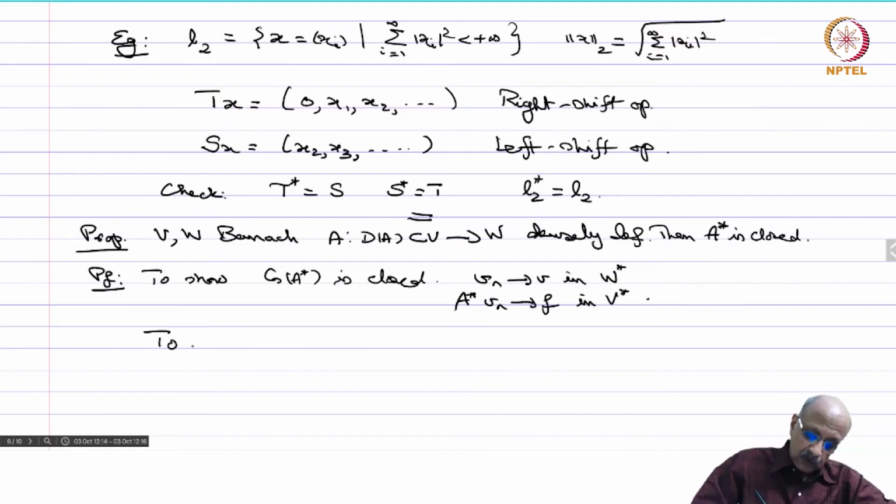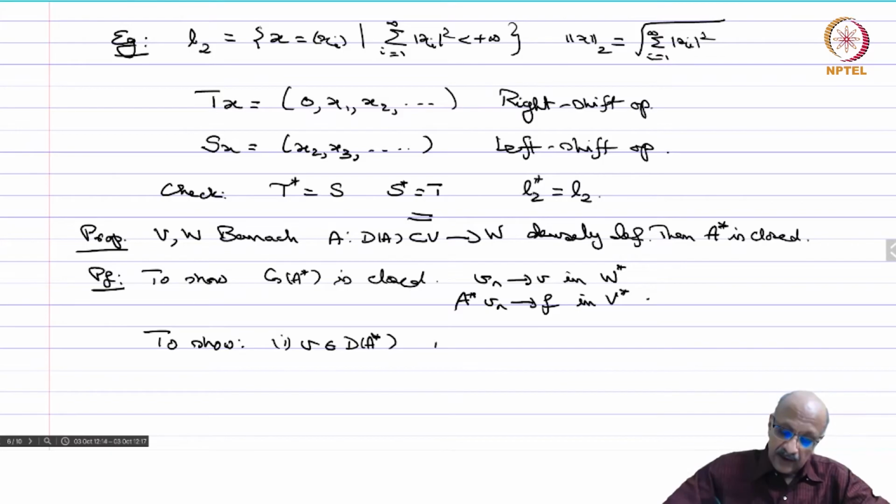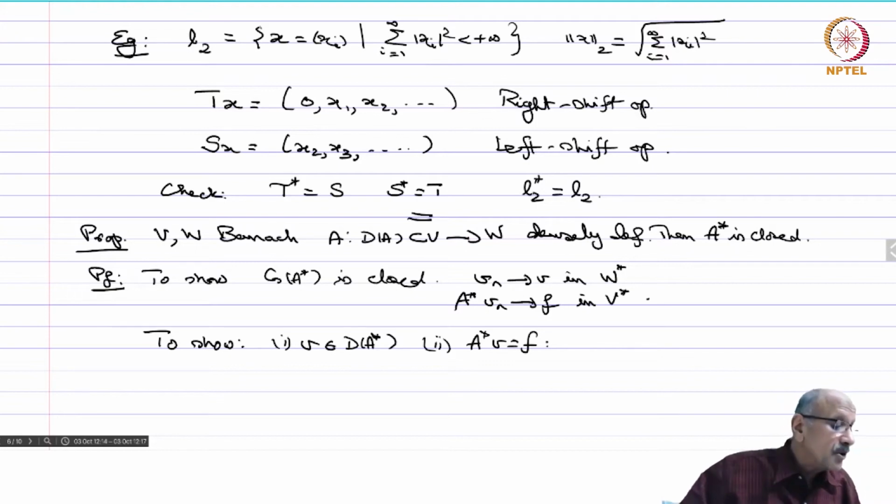And what must we show? We have to show two things now, because we are dealing with unbounded operators which may not be defined everywhere but only on a certain domain. So first we have to show that v belongs to the domain of A star, and second, after that we can show that A star v is equal to f. So we have to show both these things.